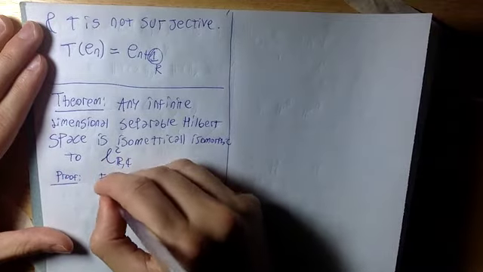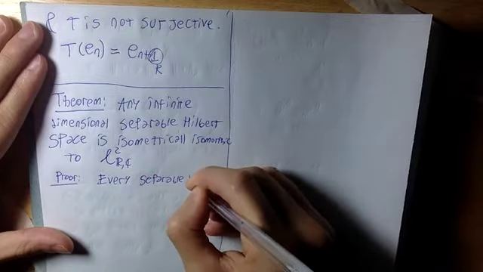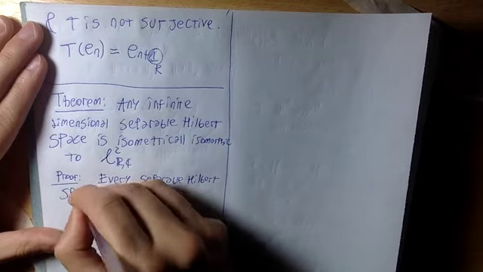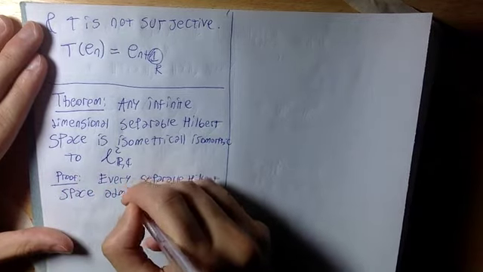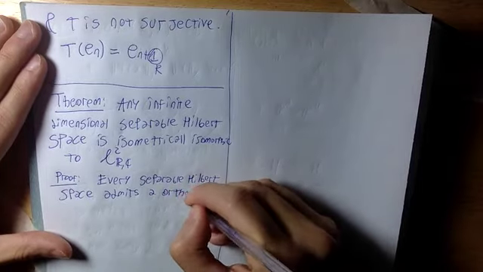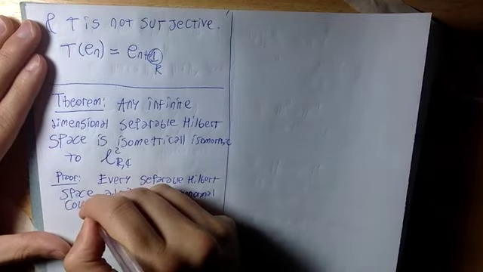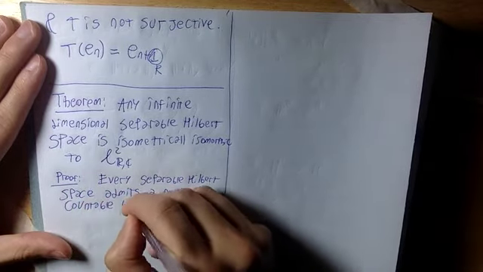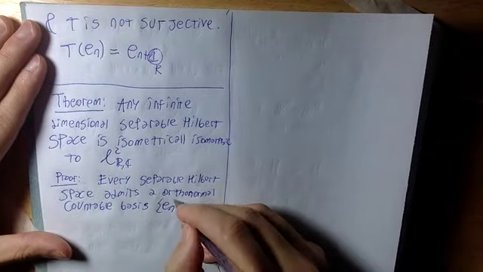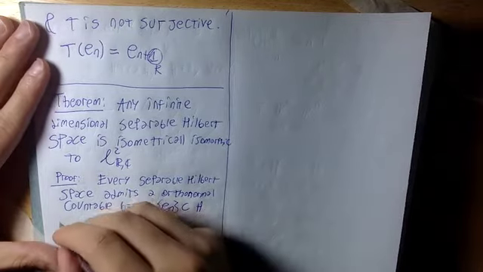Every separable Hilbert space admits an orthonormal countable basis En contained in H. So what does this mean?